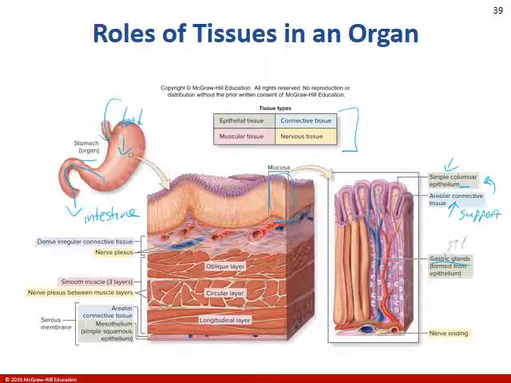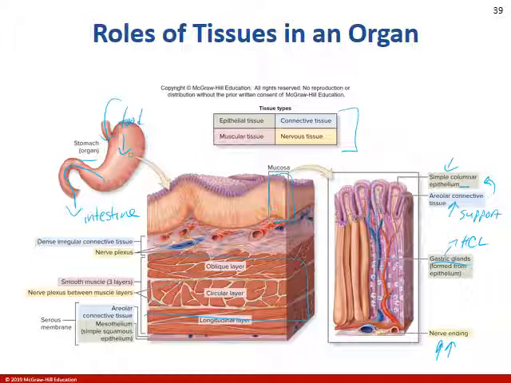And those glands, let's say they could release hydrochloric acid to help you break down food, and the release from those glands is controlled by nerve endings. So we wouldn't want to release hydrochloric acid into our stomach if we didn't have any food in our stomach, right? You can also see here we've got a smooth muscle layer. So not only are we putting hydrochloric acid on the food, but we're also churning the food.